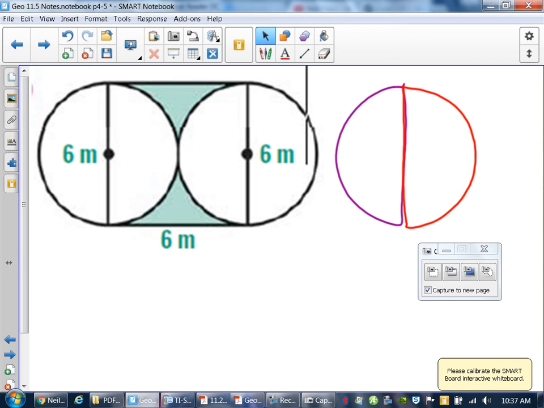It's that part surrounded by that. That's all that is.